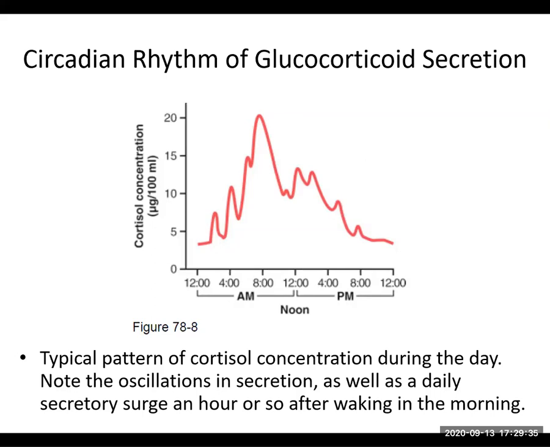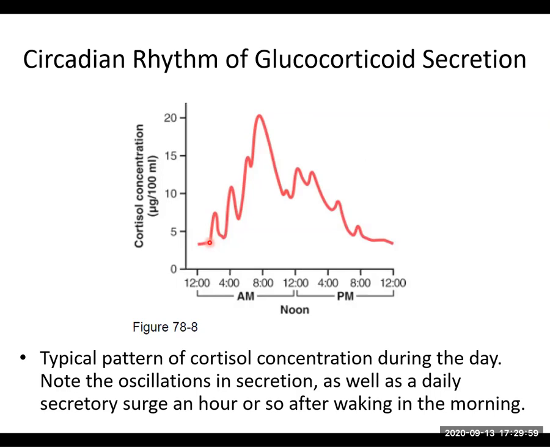And hormone-wise, we have two major hormones showing this very dramatic change throughout a day. Glucocorticoids or cortisol is the major one. So we will typically see that the level of the glucocorticoid changes very much throughout the day.